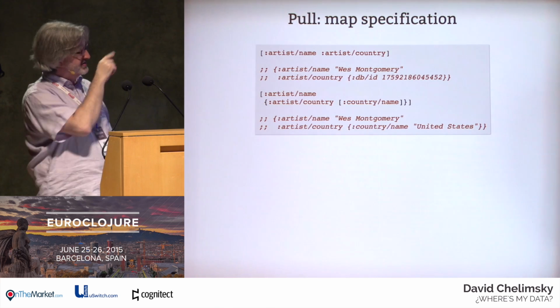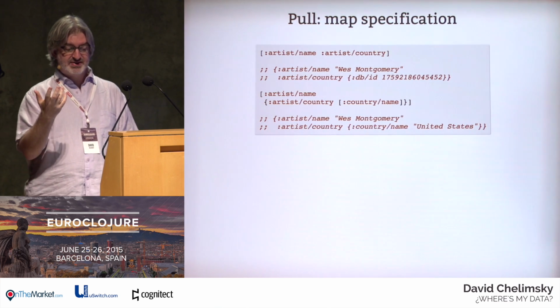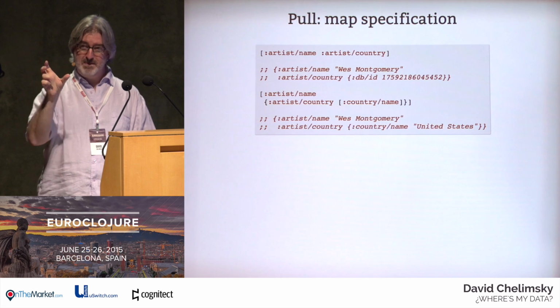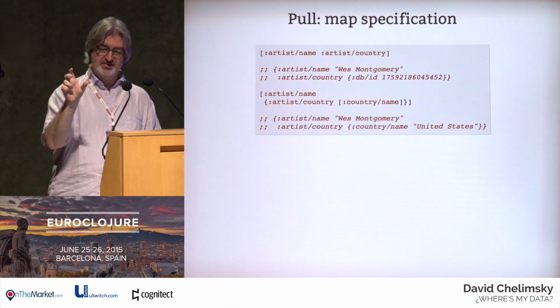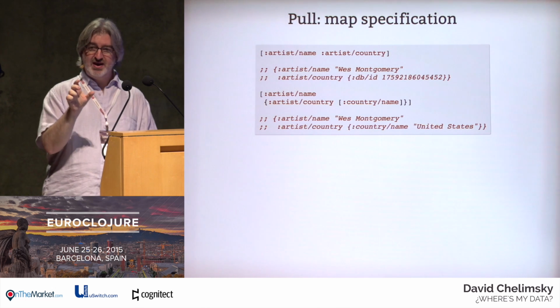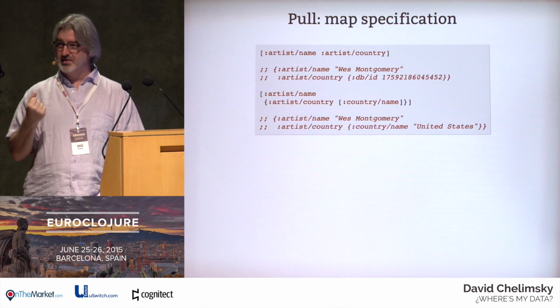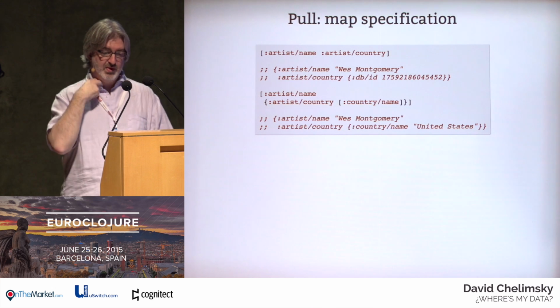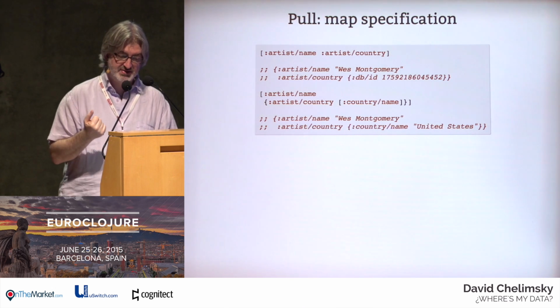So here in the second example, we've replaced the keyword artist country with a map that's got a key artist country, and then that key points to the specification for how we want to render artist country. And we say we want the country name in that case.